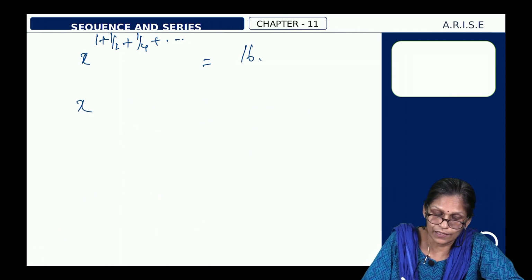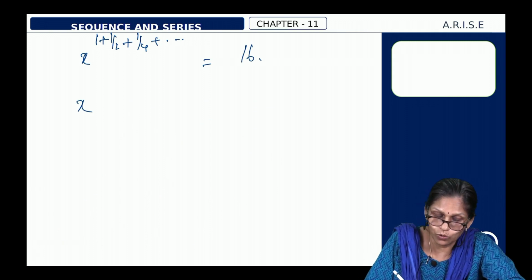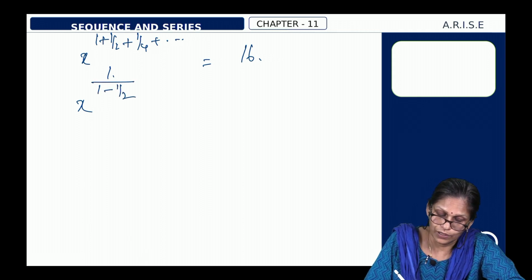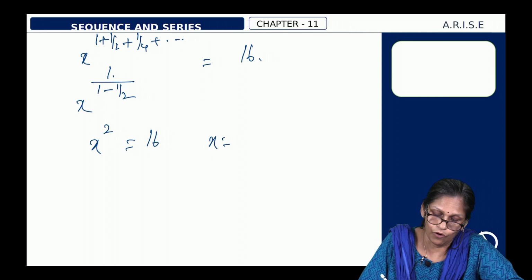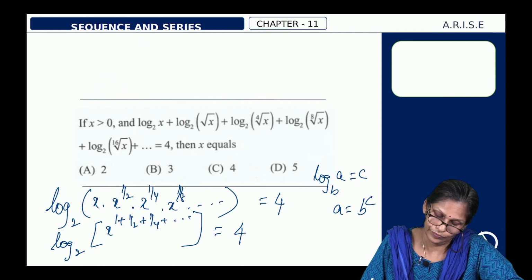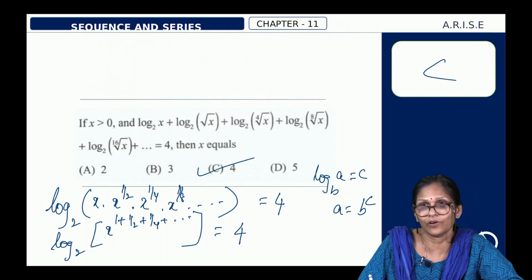Isn't this an infinite GP whose sum is a by 1 minus r? So this is x squared is 16, x is 4. Option C is your answer.